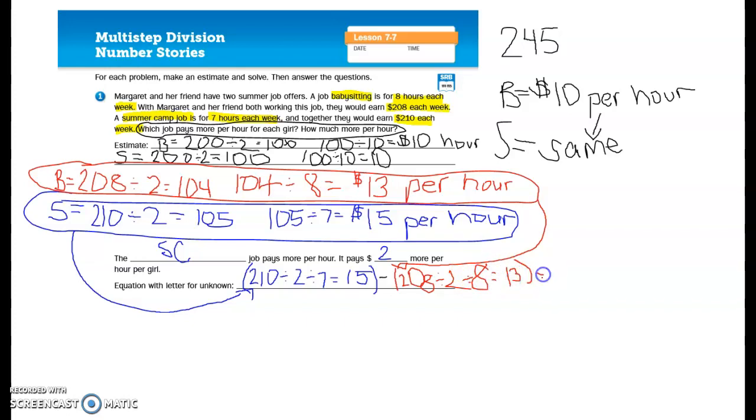When you subtract them together, that gets you $2 more per hour. The big thing that you have to realize here is that you just have to show the two equations that you used to get the $2, because that's what the final question was asking, how much more it pays per hour. So that's what that was asking for.